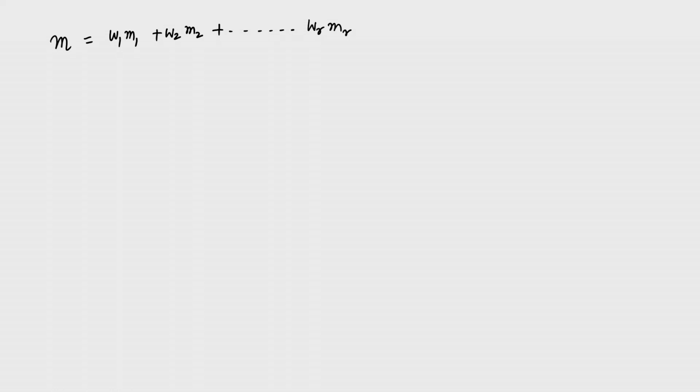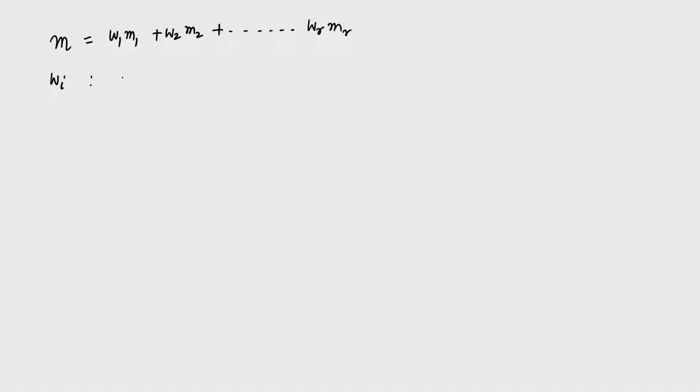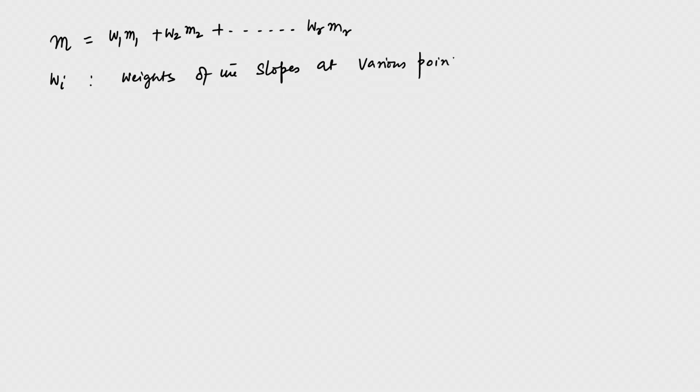I mean the distance between xi plus 1 and xi is h. So, Wi denotes weights of the slopes at various points, and the Mi are computed as follows.